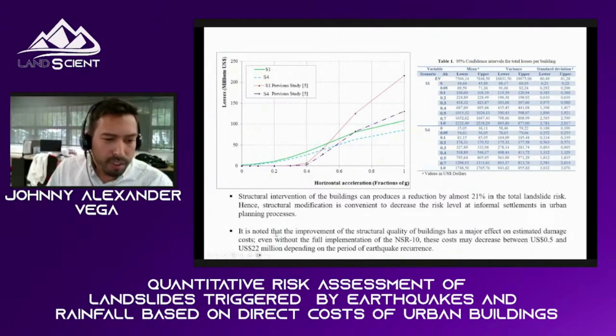It is noted that improving the structural quality of buildings has a major effect on estimated damage costs. Even without the full implementation of the Colombian Building Code from 2010, this cost may decrease between 0.5 million and $22 million depending on the earthquake recurrence period, according to horizontal ground acceleration.